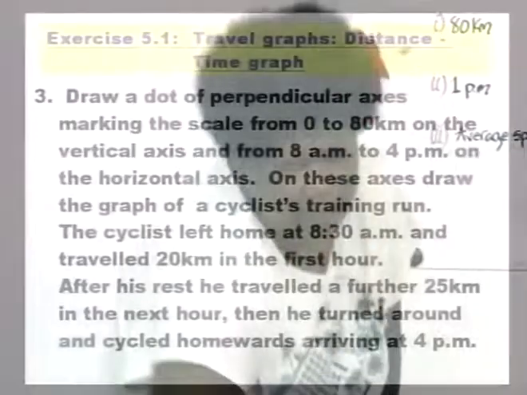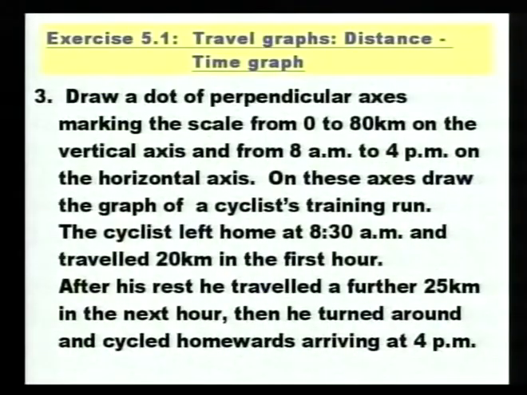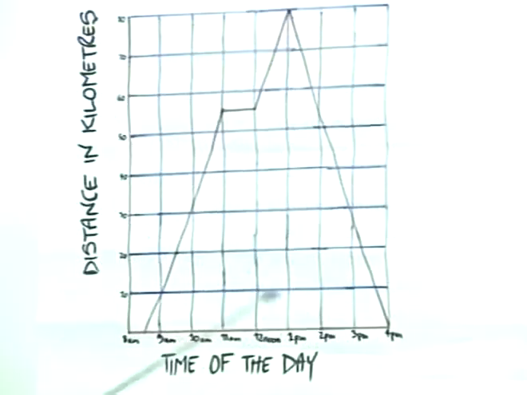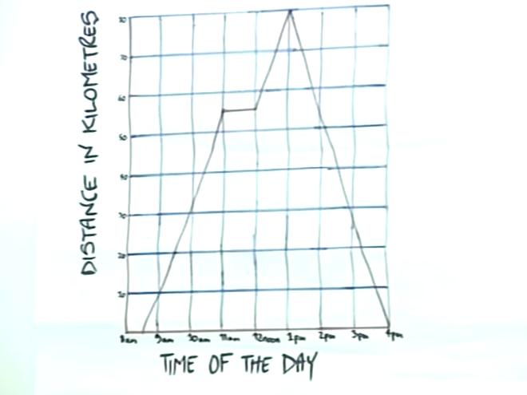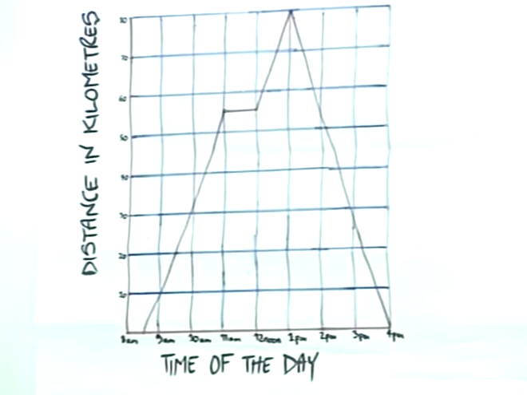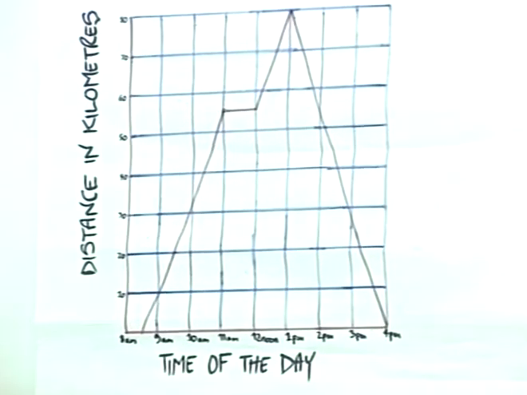Okay, just going back, the graph shows a cyclist training run. He left home at 8:30 and went as far as 80 kilometers and then back at 4 p.m. It's a whole day's training.